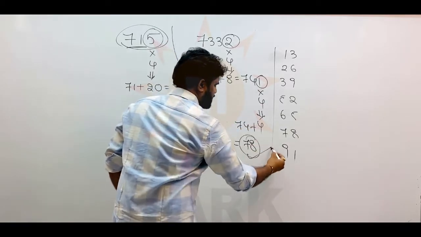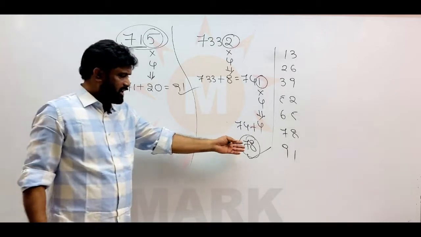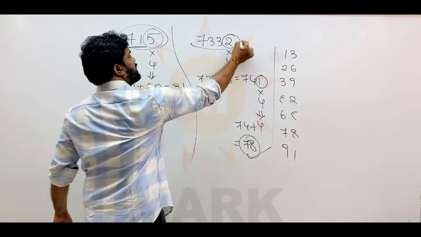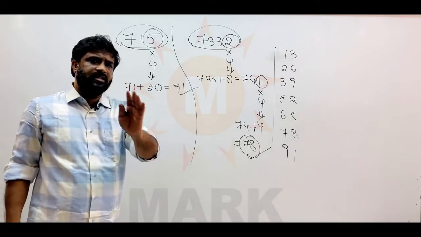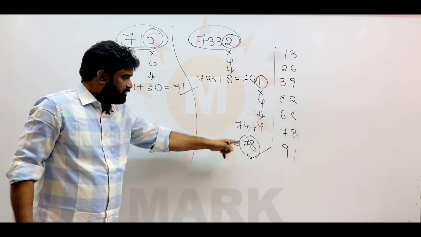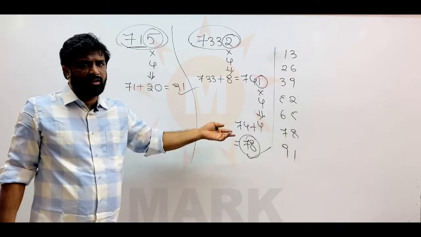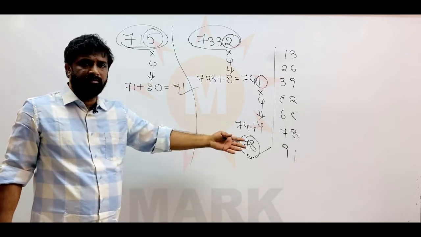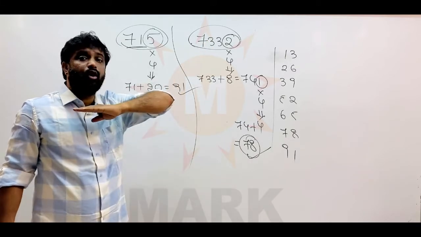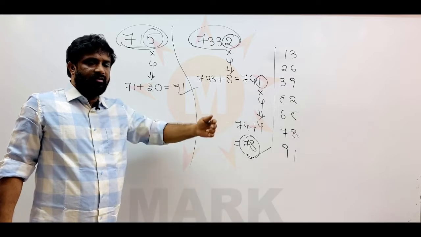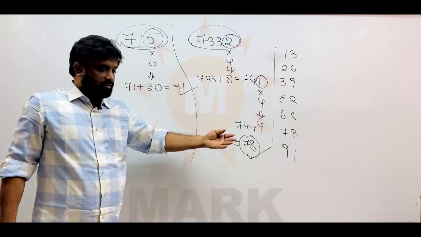Yes, 78 is a multiple of 13. 13 sixes are 78. So clearly this 4-digit number, 7332, is exactly divisible by 13. If the sum you get, 2-digit or 3-digit, whatever it is, is not 13 or a multiple of 13, then the entire number is not divisible by 13. In that way, we have to understand whether any given number is divisible by 13 or not.